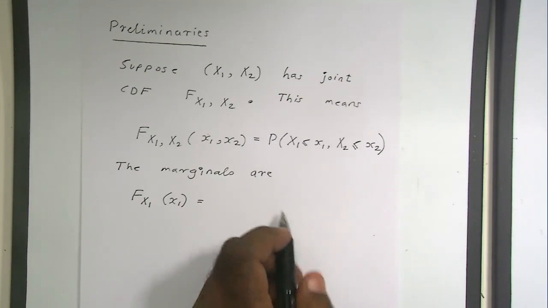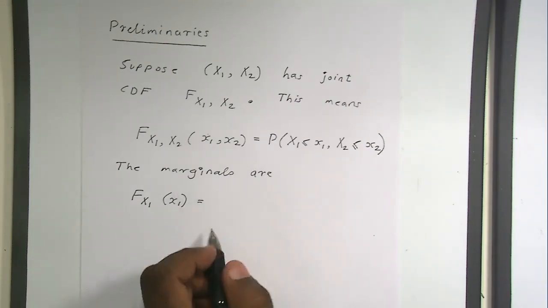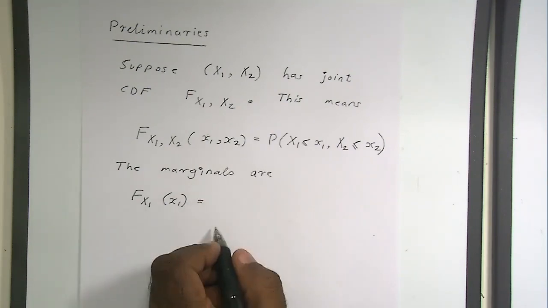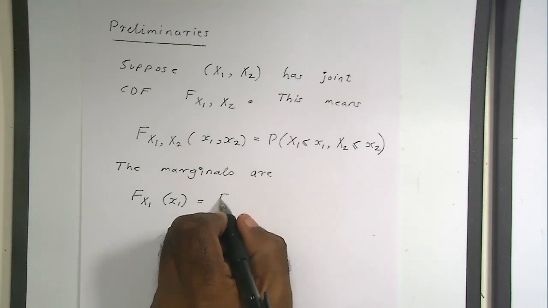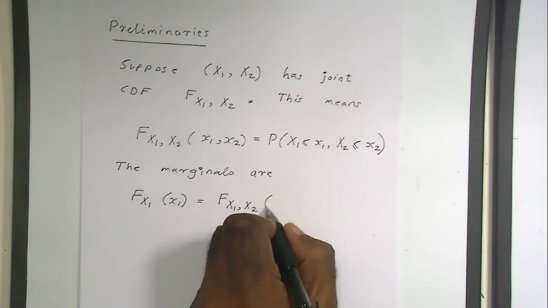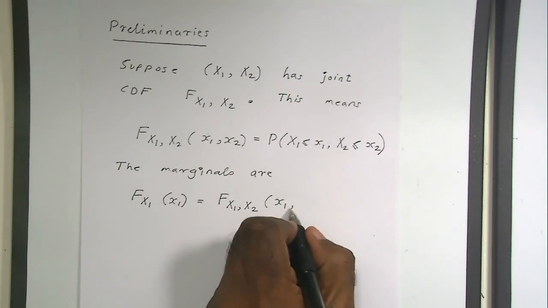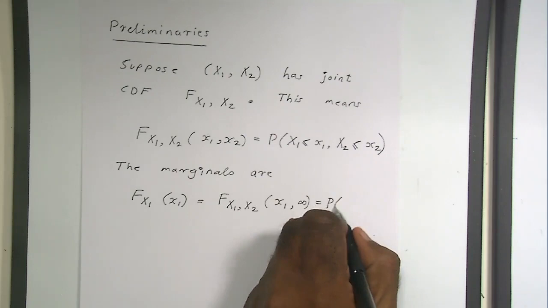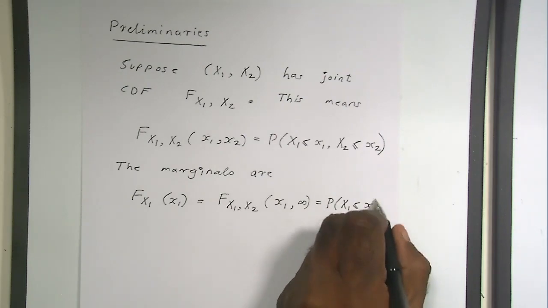The marginal CDFs, when I say marginals, I mean the marginal CDFs. To obtain the marginal CDF of x1, you just put x2 equal to infinity. That will give you the probability that X1 is less than or equal to x1, right?